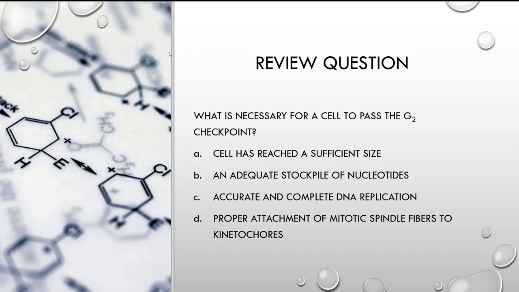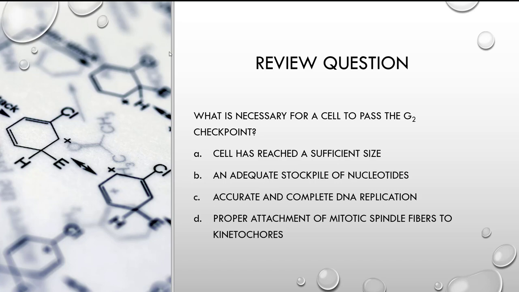And then finally, what is necessary for a cell to pass the G2 checkpoint? Is it A, the cell has reached a sufficient size, B, an adequate stockpile of nucleotides, C, accurate and complete DNA replication, or D, proper attachment of mitotic spindle fibers to the kinetochores?